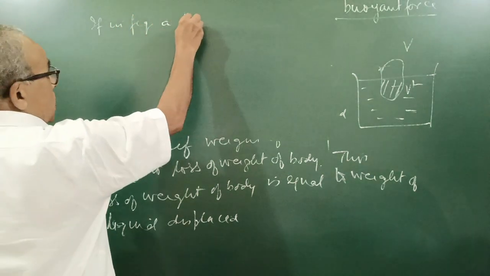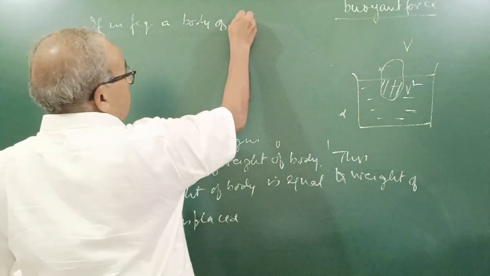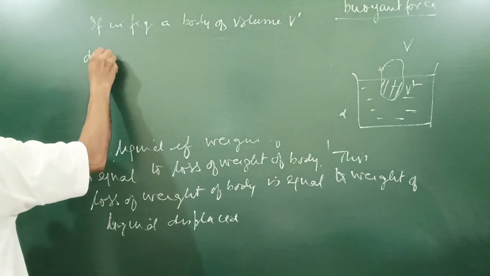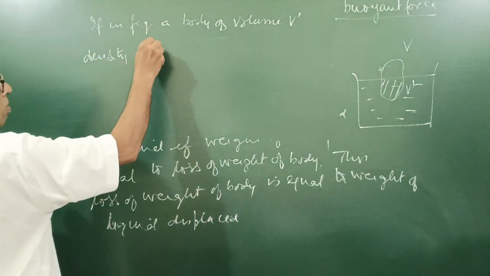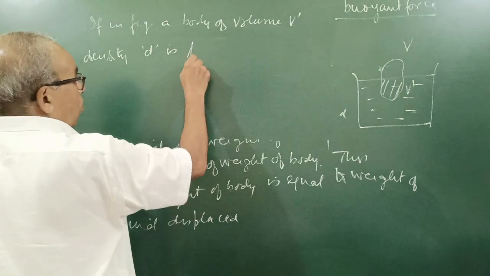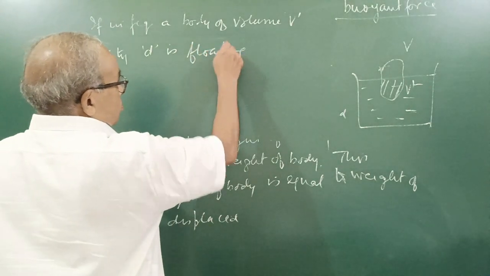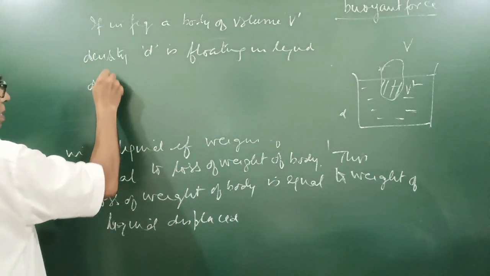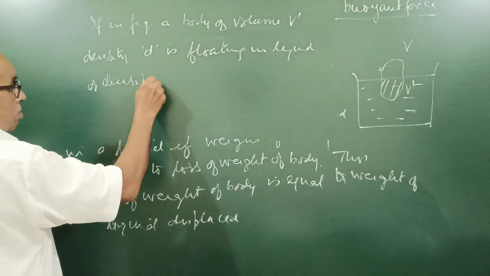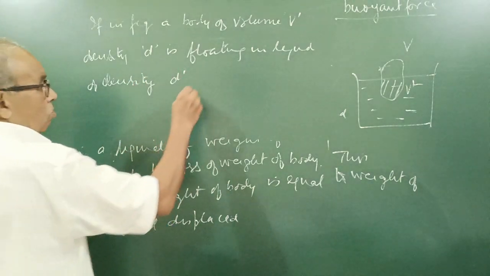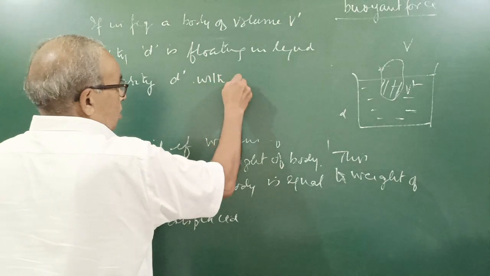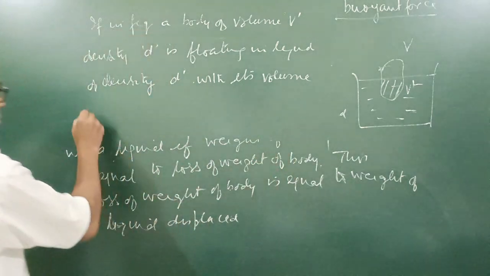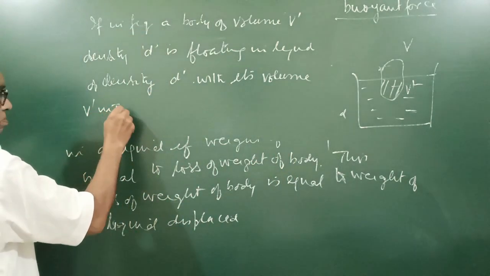Now in the figure, a body of volume V, density D, is floating in liquid of density D dash, with its volume V dash inside the liquid.